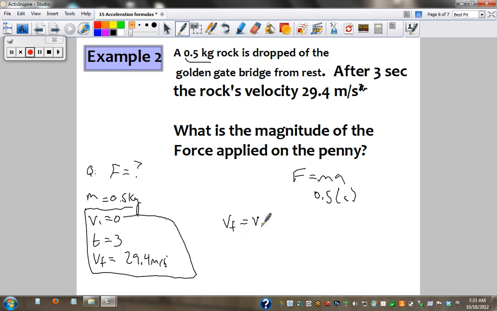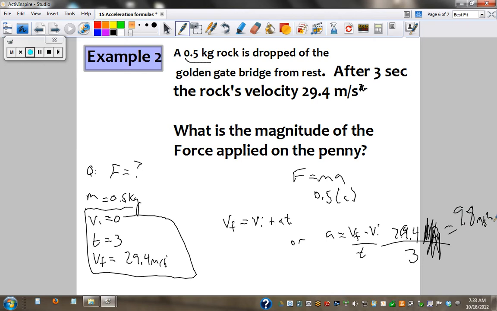V final equals V initial plus AT, or acceleration equals V final minus V initial over time. 29.4 minus 0 over 3 equals 29.4 divided by 3 equals 9.8 meters per second squared. But we knew that already, so this is kind of a shortcut.